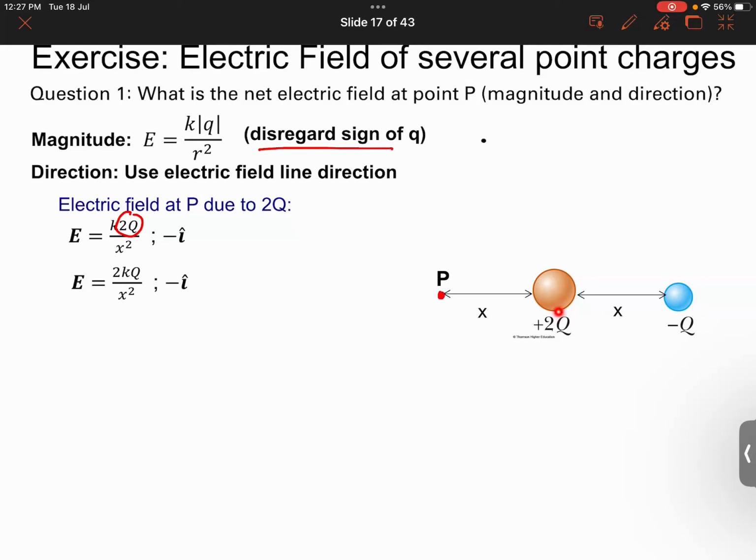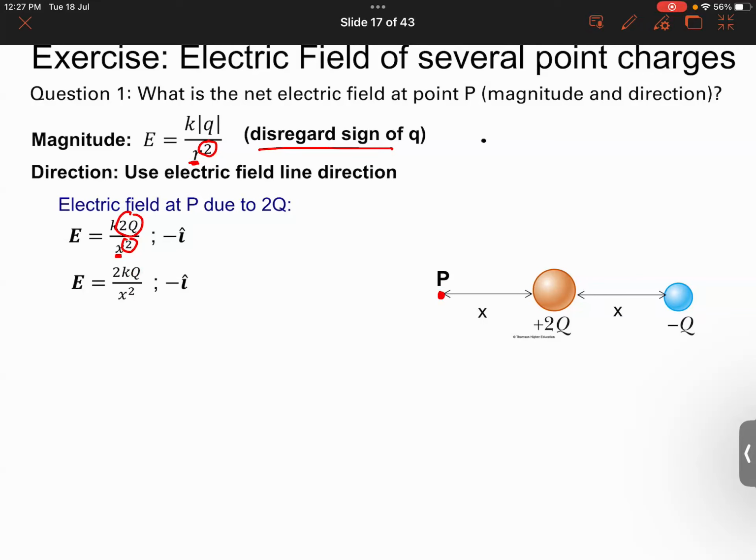The charge is a distance x away from the point, hence r will be equal to x. And don't forget there's a square there. So the magnitude is 2kq over x squared.